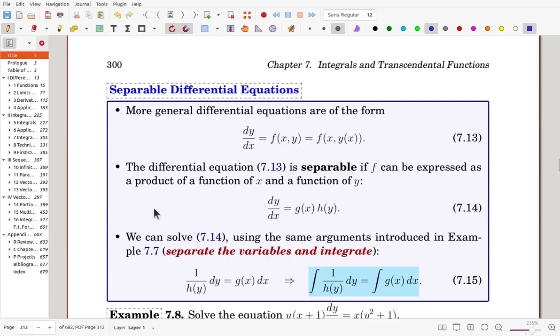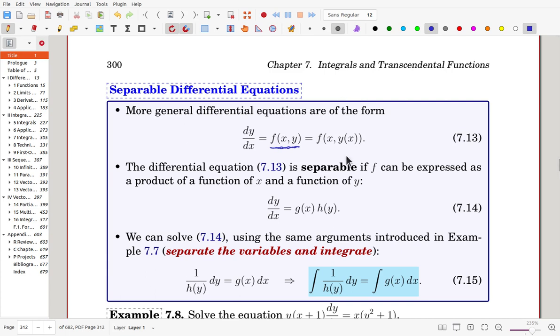Okay, here we have separable differential equations. In general, first order differential equations are given in this way: dy over dx is a function of x and y. And of course, f of x, y is a sort of slope because dy over dx is slope. But usually it is a general function of x and y.